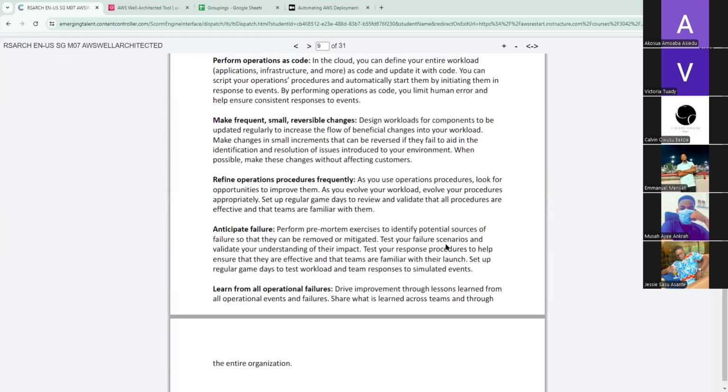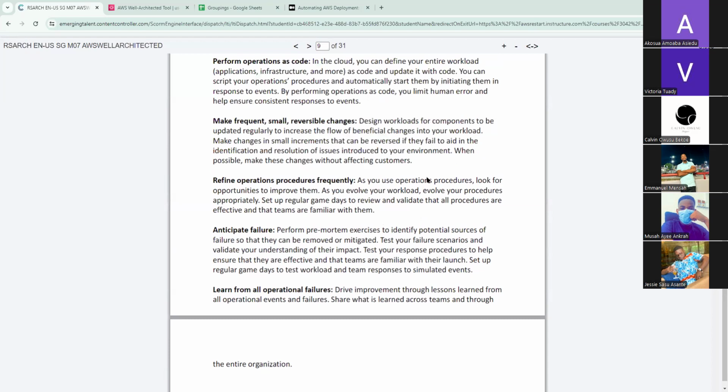This is related to refining operations, because you learn from the good things and also from the bad things. Because this and this went in place, it failed, so you document it and make sure it never happens again.